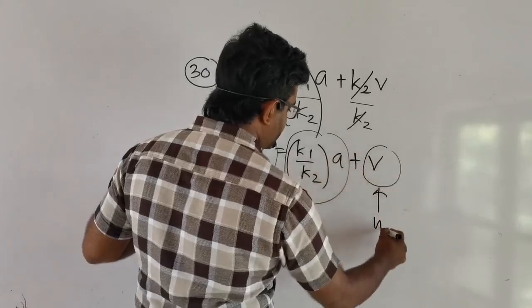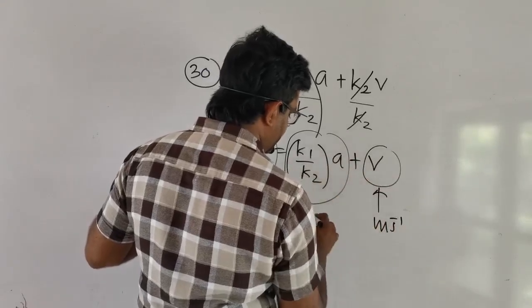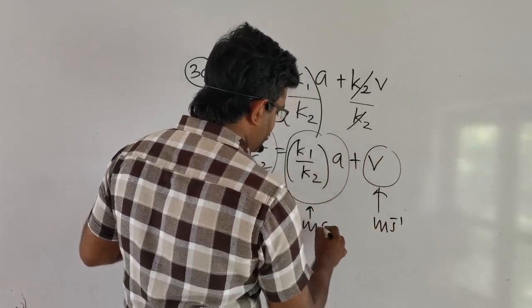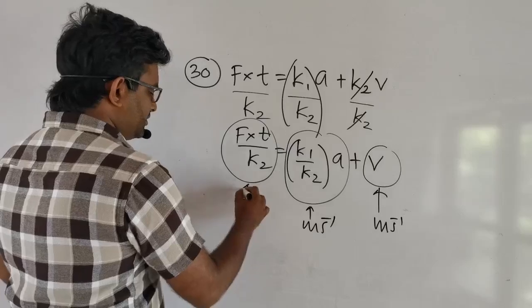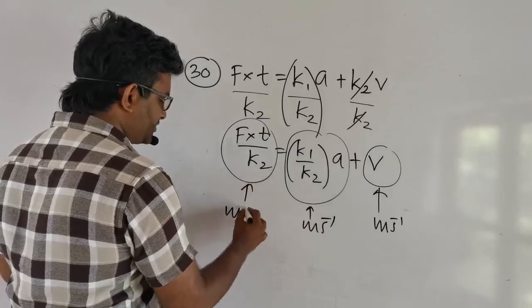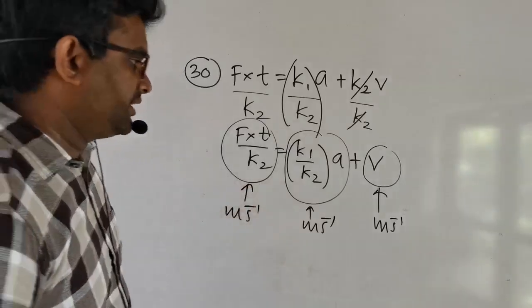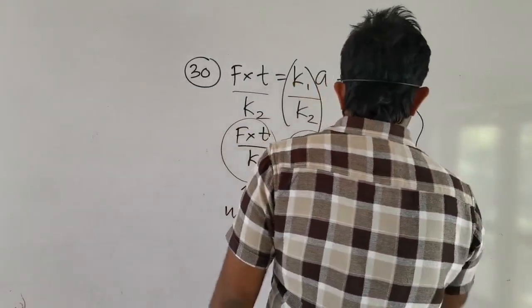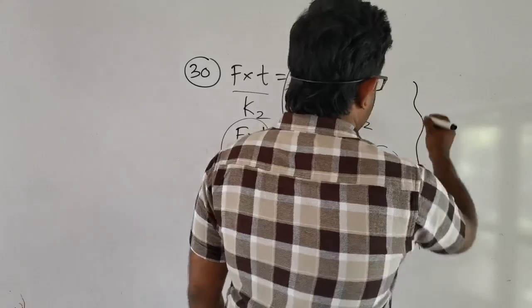So we know units of v, that is ms minus 1, that is p, and all the other terms also have the unit ms minus 1. Right, then we can consider units of the second term.